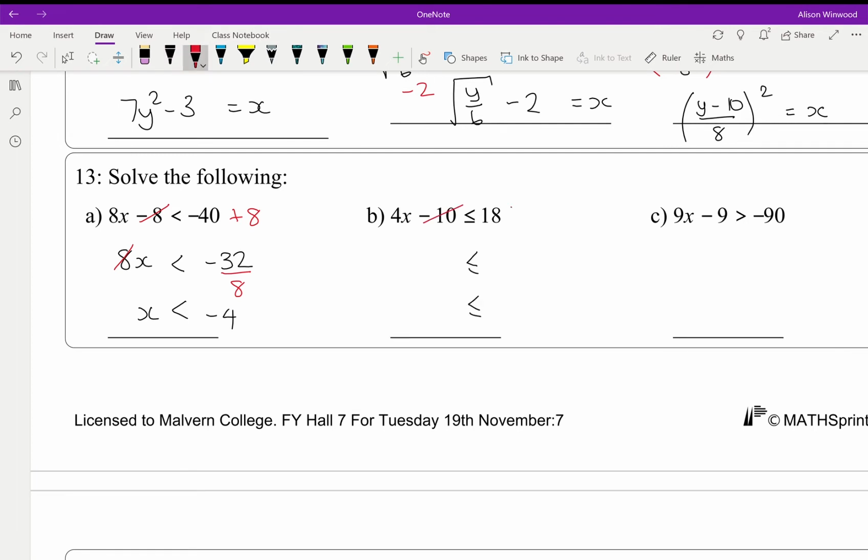Opposite of subtract is add. Opposite of multiply is divide. Keep the inequality sign. Opposite of subtract is add. Opposite of multiply is divide.